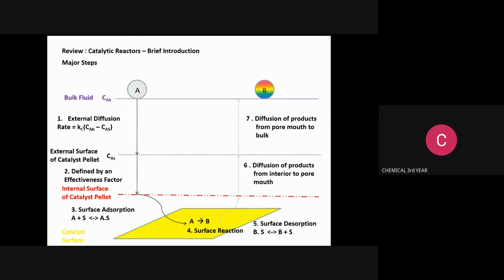We already know the reactant A is converted into B; simply we all know about that. But see the slide, how the major simple steps fully happen in the reactor.